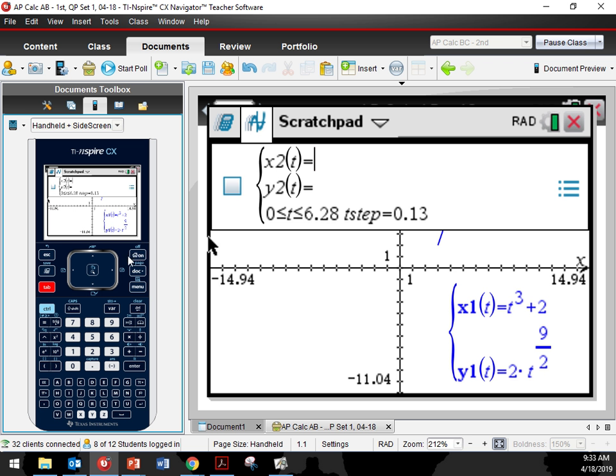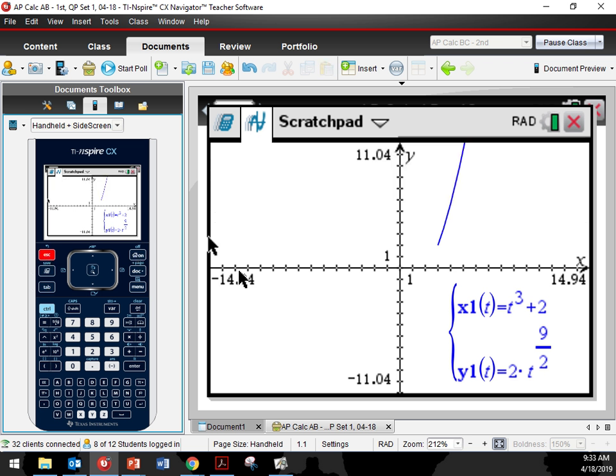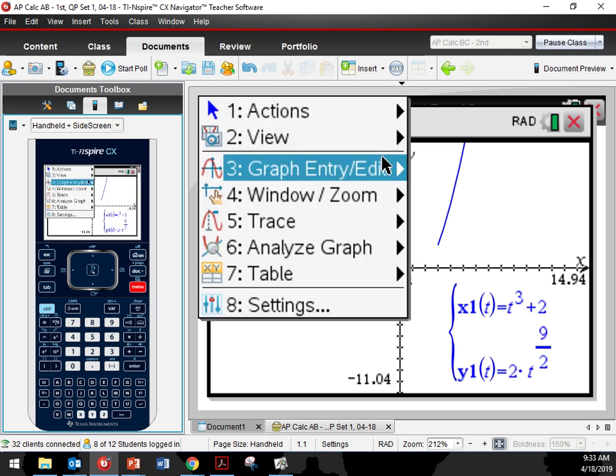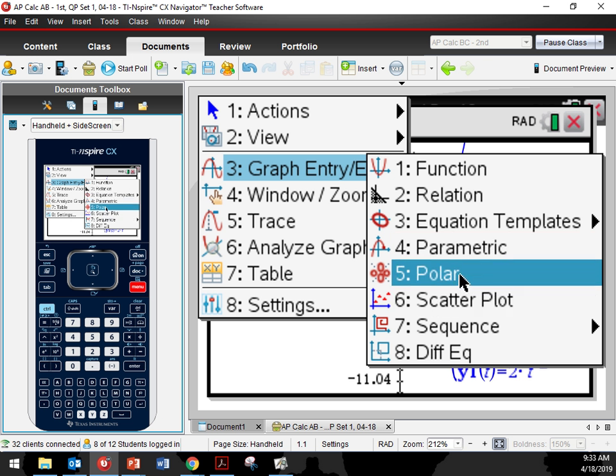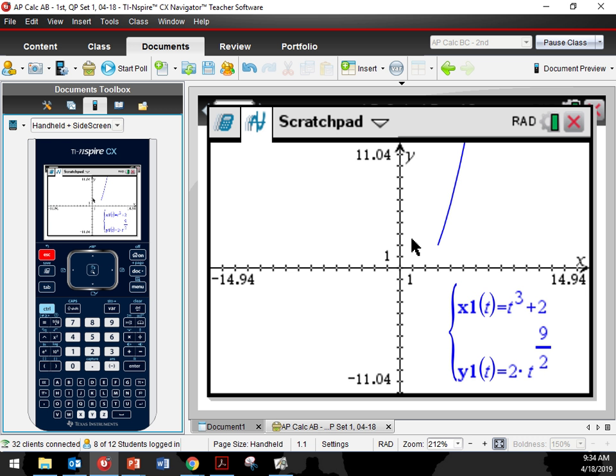Anyway, that's how you actually put in these parametric equations. You make sure you go to your menu, entry, parametric. There's some polar also, but yeah. Anyway, parametric, and then from there, just enter in your functions.